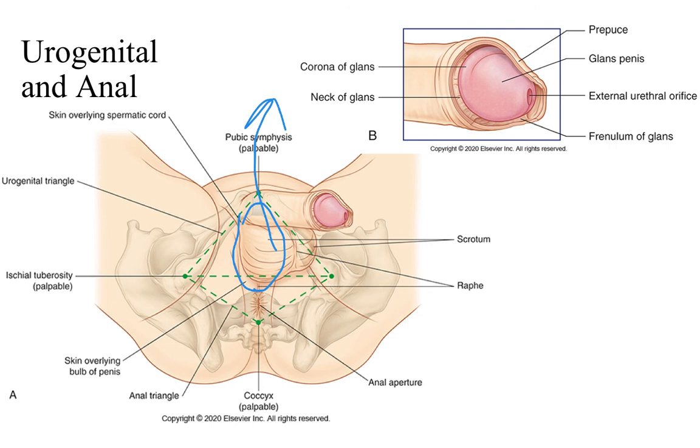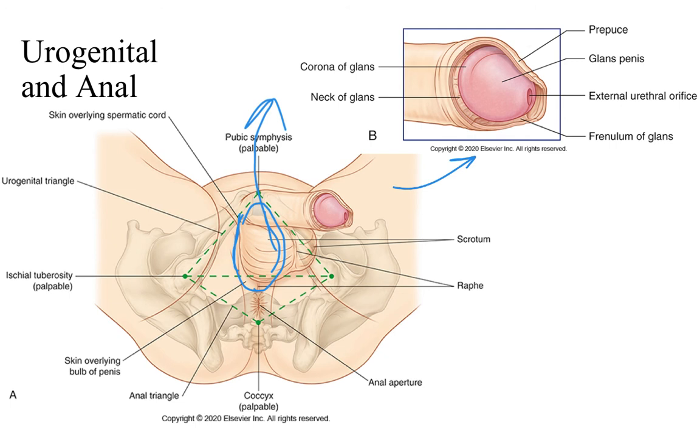And instead of having a vagina there, you would see a bulge, which would be the bulb of the penis and the beginning of that spongy tissue, as well as the bulbospongiosus muscle.